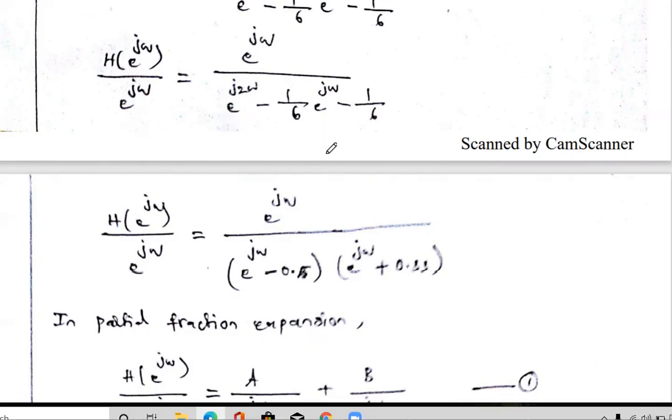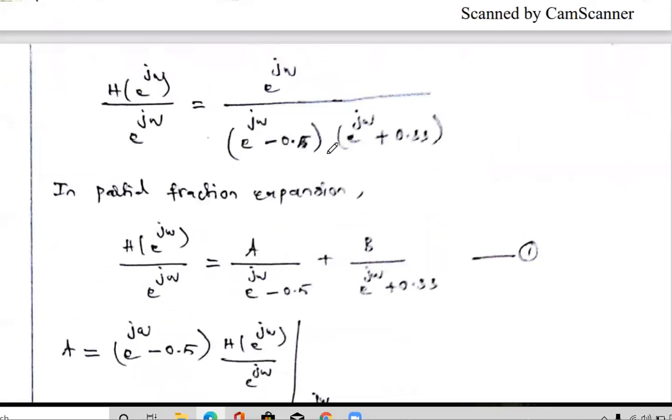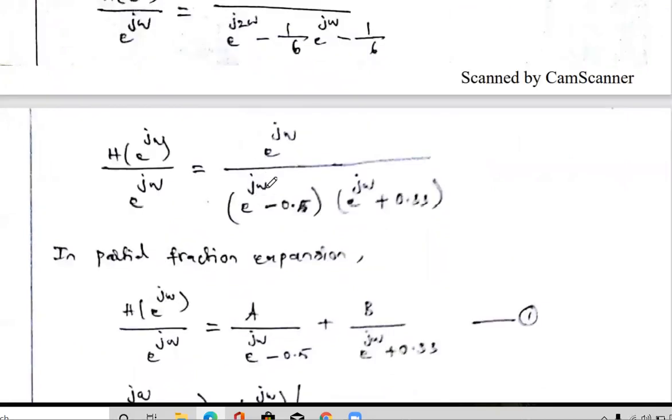If you factorize it, we will get the two roots: one is 1 by 2, that is 0.5, and another one is minus 1 by 3. So we can write it as e power j omega minus 0.5 into e power j omega minus of minus 0.33. So it is plus 0.33. I have written 1 by 3 as 0.33.